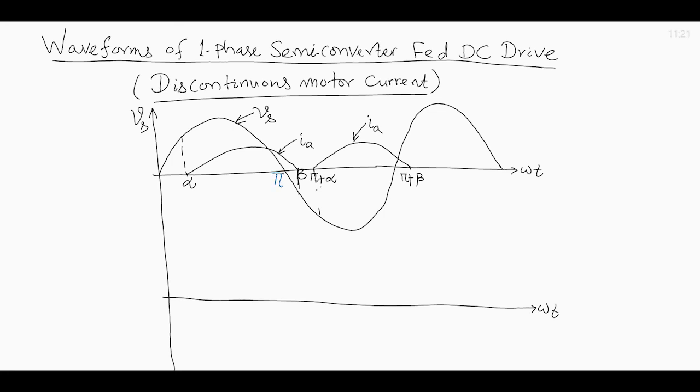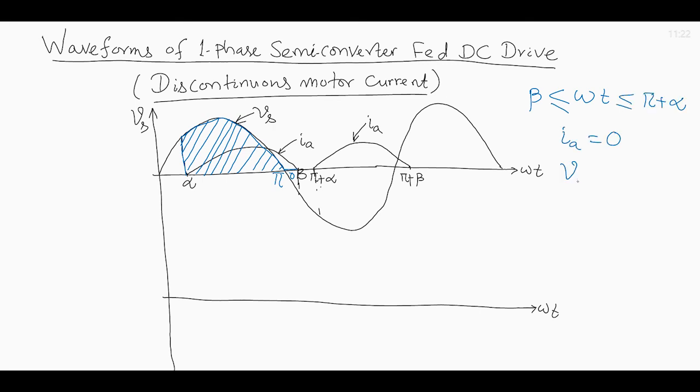So, output voltage is the same as the supply voltage, V S. Pi to beta is the freewheeling time, so output voltage is 0. And from beta to pi plus alpha, current is 0. Output voltage is the back EMF. Beta is less than omega t is less than pi plus alpha. Motor current I A is 0.